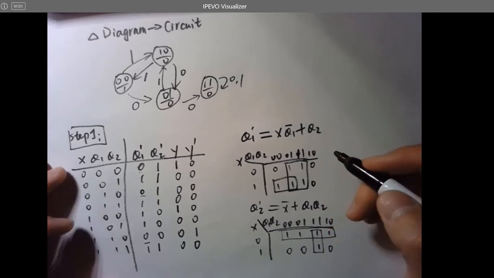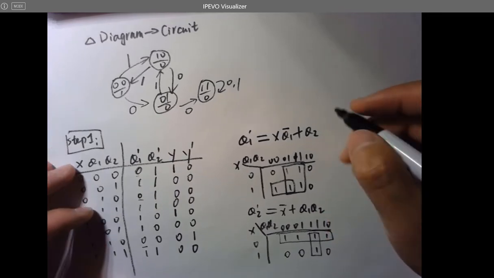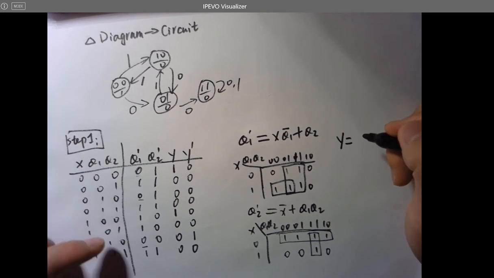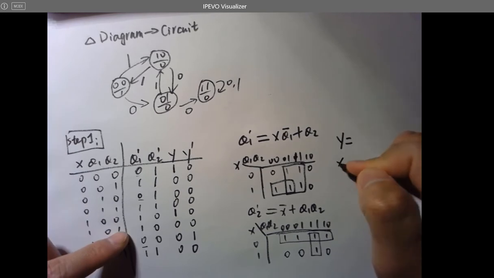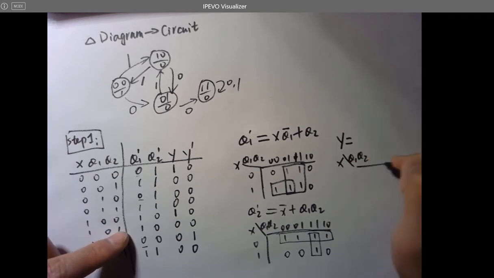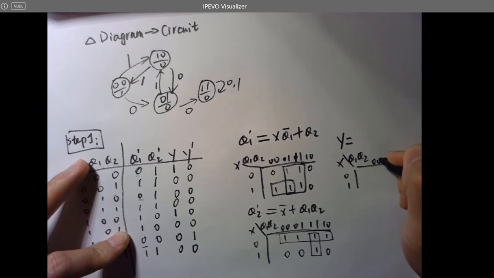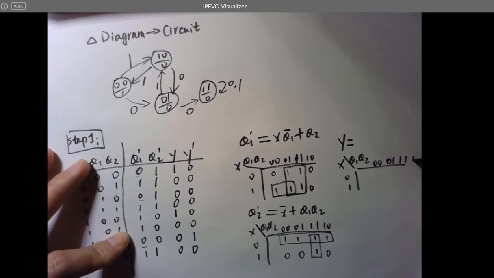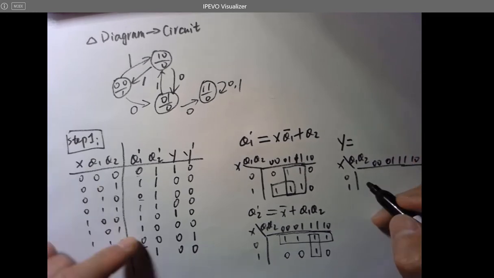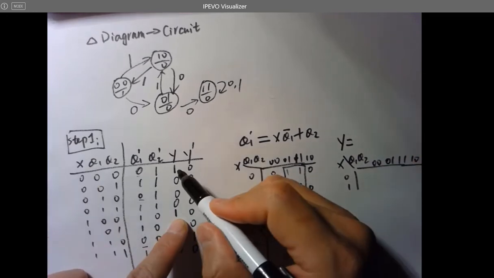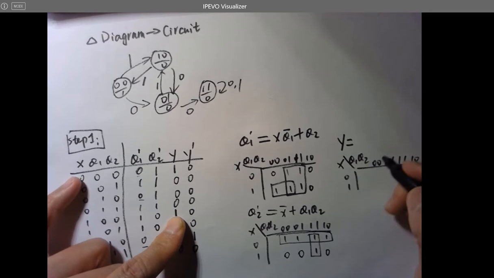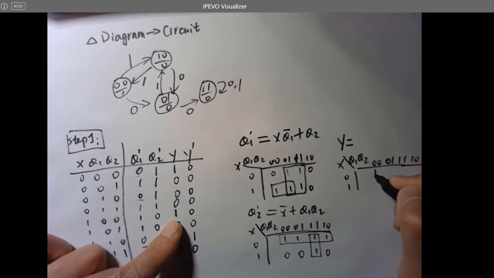All right. What about Y? Y equals, we have to do the same job for Y. You can find there are two ones, at 0, 0, 0 and 1, 0, 0.